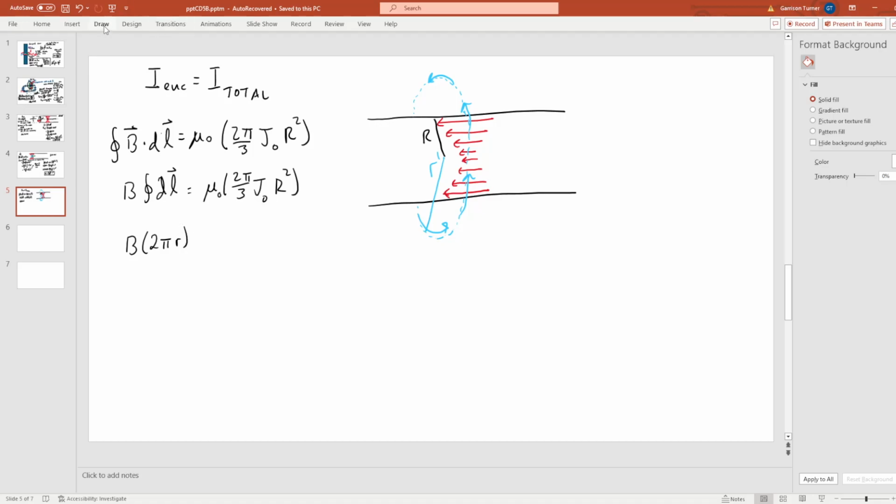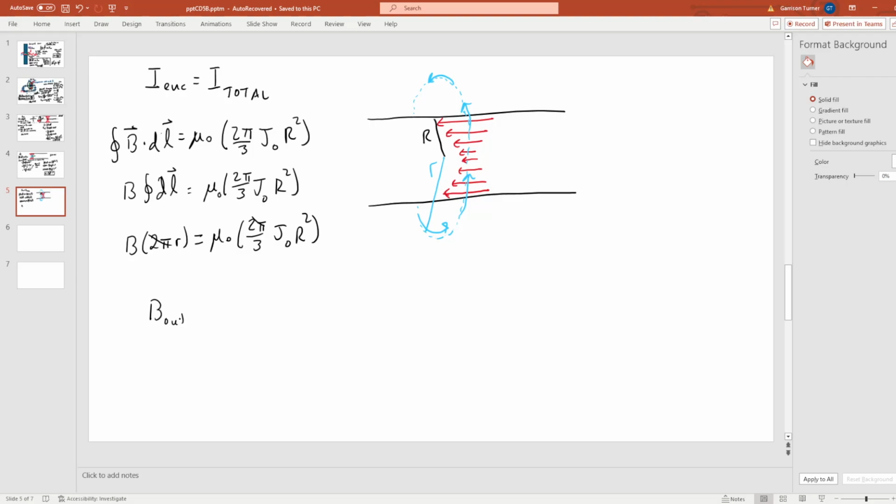Actually, I don't need the prime in this case because I'm not integrating inside the wire. So B times 2 pi r equals mu naught 2 pi thirds J naught R squared. And once again, the 2 pi's cancel out.